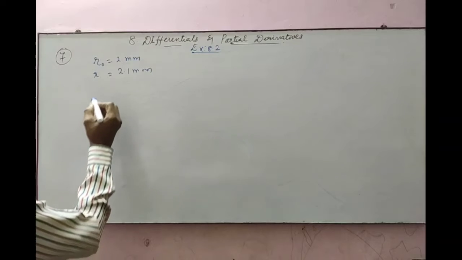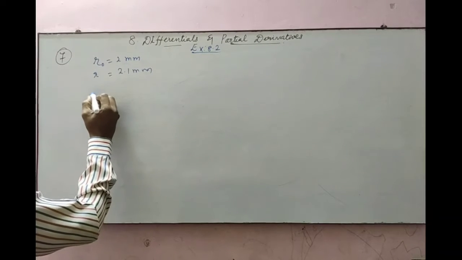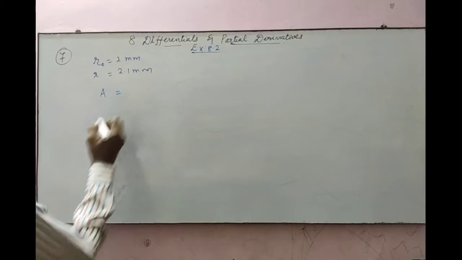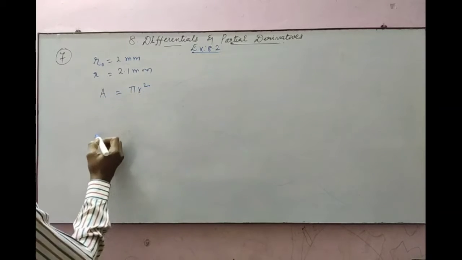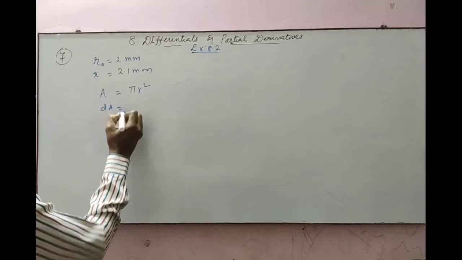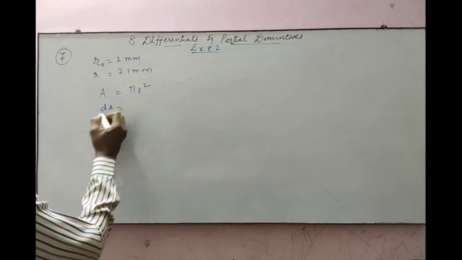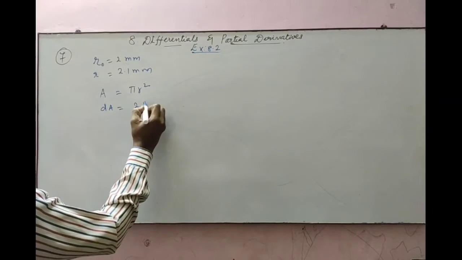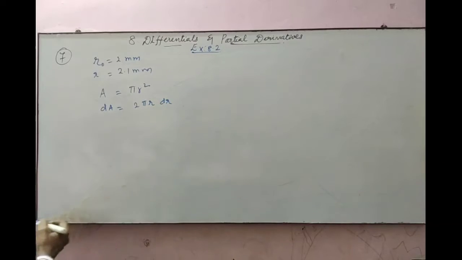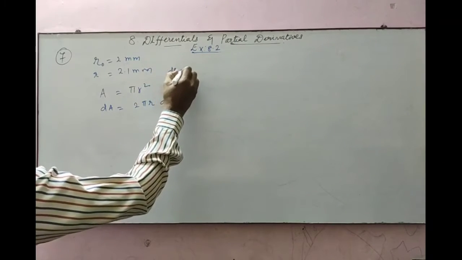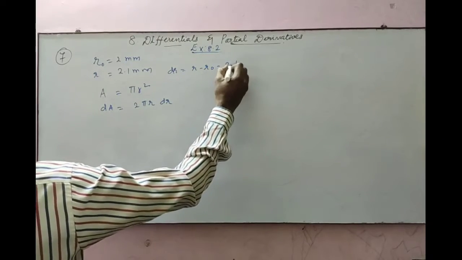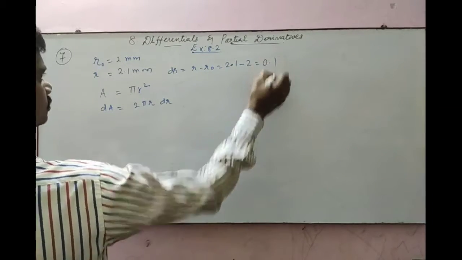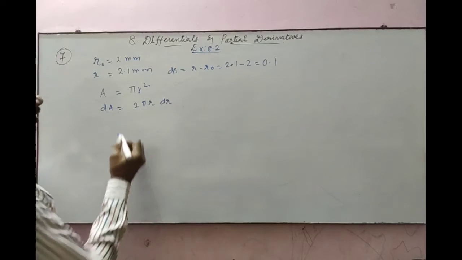They ask you to find the increased area, that is change in area. Here the artery is in the circular shape. So the formula is A equal to pi r square. If you differentiate this with respect to r, you will get dA equal to 2 pi r into dr. Here dr is the difference in the radius, that is r minus r naught, which gives 2.1 minus 2 equal to 0.1.